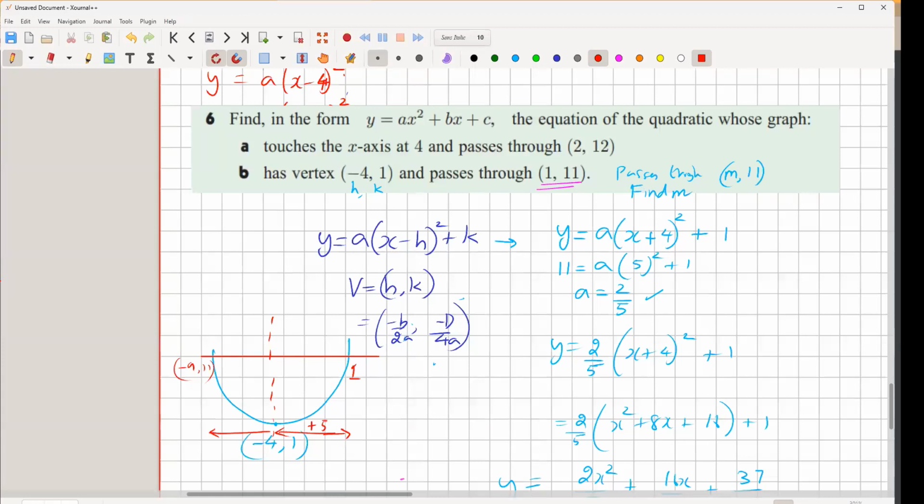Ahan, for 6B, what is the equation of the axis of symmetry? What is the equation of axis of symmetry?